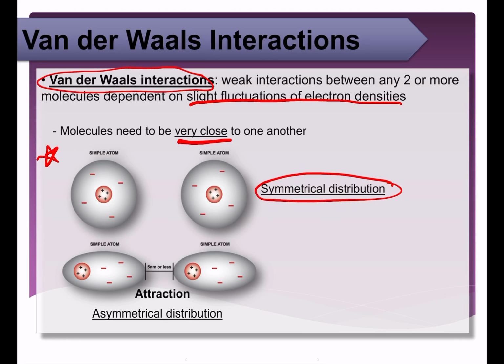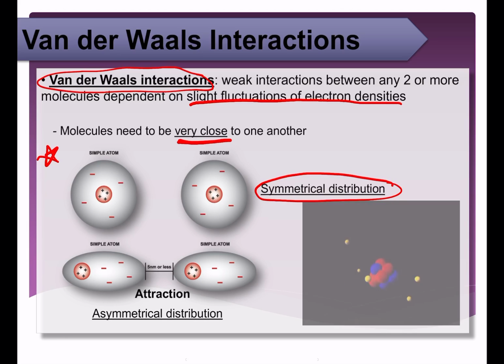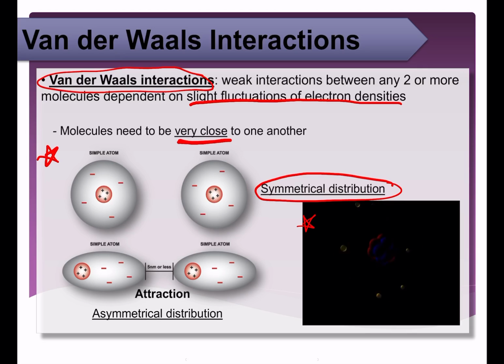So the spherical conformation we drew in the Bohr model is not entirely accurate, because the electrons are basically just randomly zooming around the nucleus in all sorts of directions, as you can see in this animation here. Those yellow balls, which are the electrons, are just zooming around the central nucleus in any conformation they want.